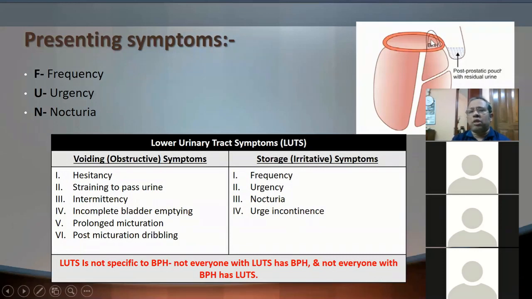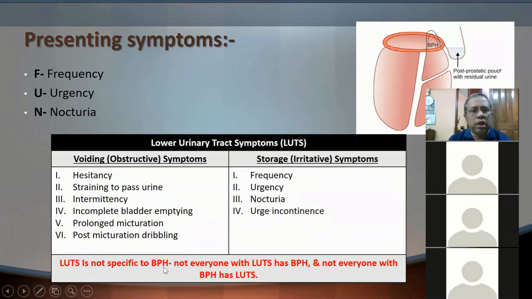The urethral mucosa is protruded into the bladder by the protrusion of the median lobe. So the urothelium of the urethra is exposed in the urinary bladder. That part of the mucosal lining is always in contact with urine. For that reason, the patient develops frequency.